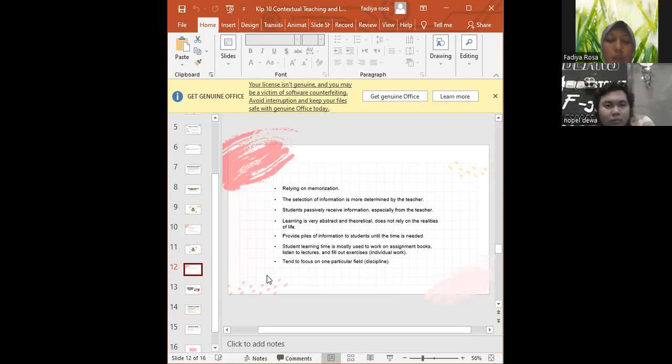They just follow what the books have. They just finish the assessment in the book. So it means that the input from the outside is very low.